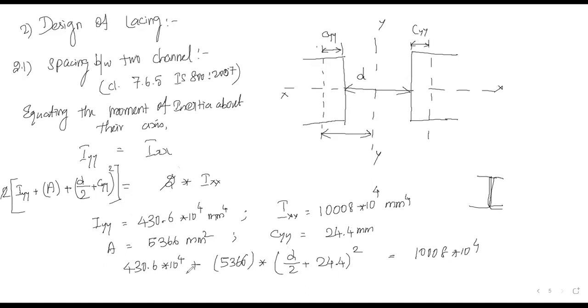Moving this term to the other side it becomes minus, and dividing by the area, we get d by 2 plus 24.4, the whole square, equal to 17,848.30. Now we calculate the value of d.